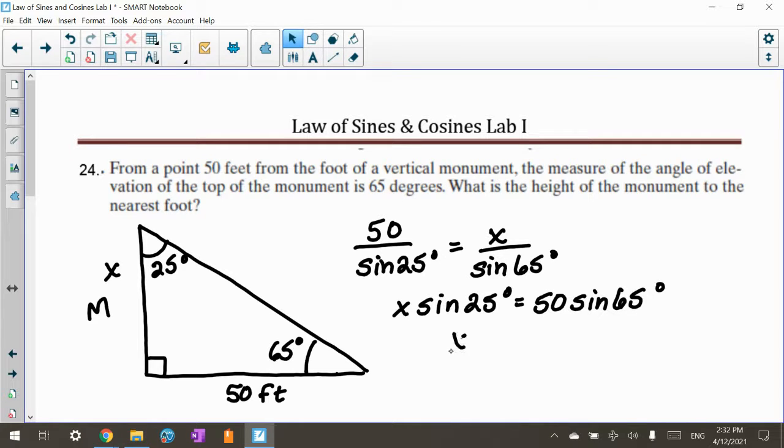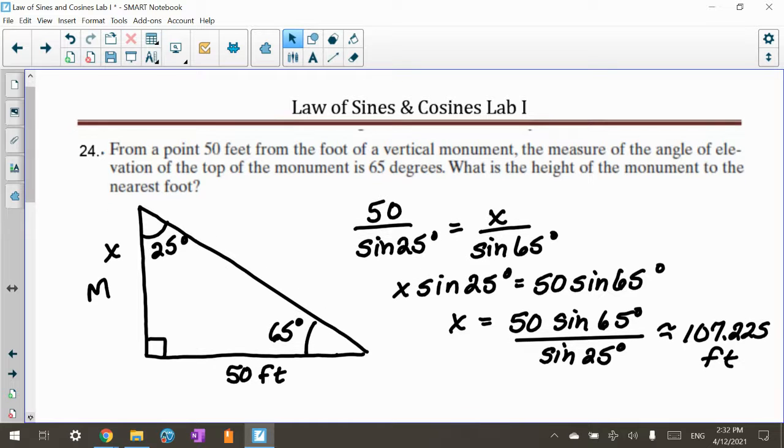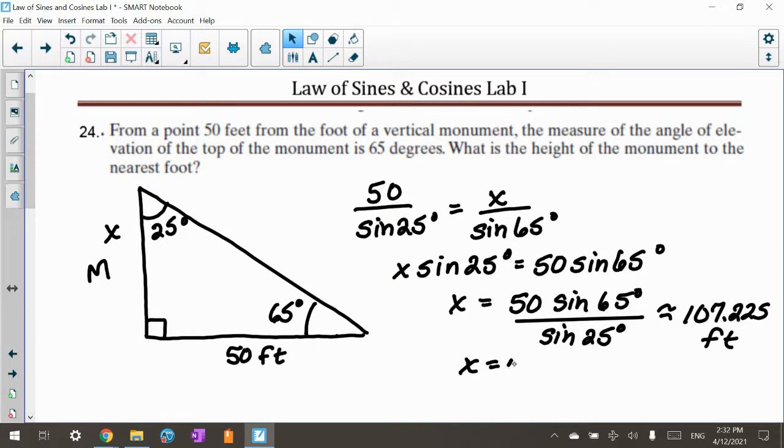And divide by that, I have X is 50 times the sine of 65 degrees all over the sine of 25 degrees. And you just put it in your calculator just like that. And they said to the nearest foot it comes out to be 107.225 feet. So my answer is going to be X is 107 feet tall. So that's how tall my monument is.